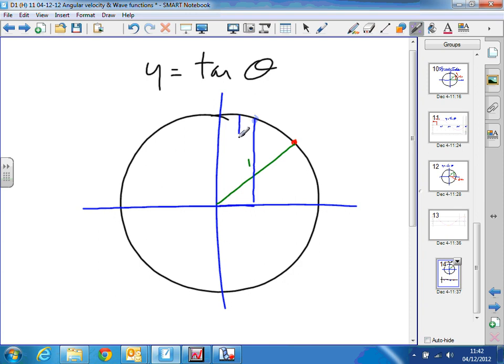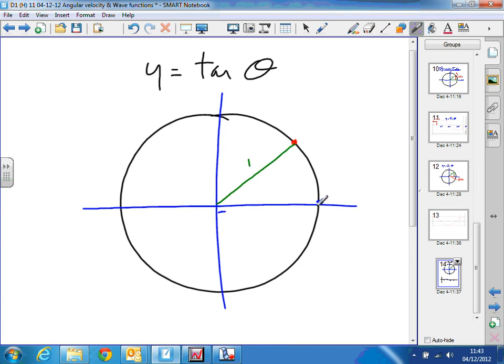And the closer I get to the top, the smaller the number underneath I'm dividing it by. Until when I get to this point, I'm dividing by 0.